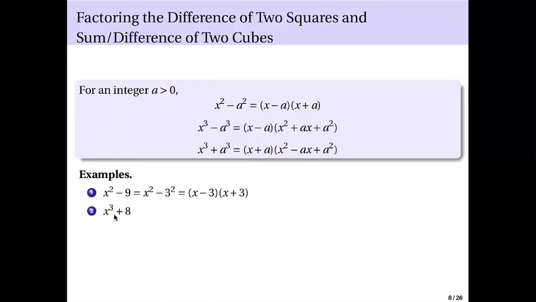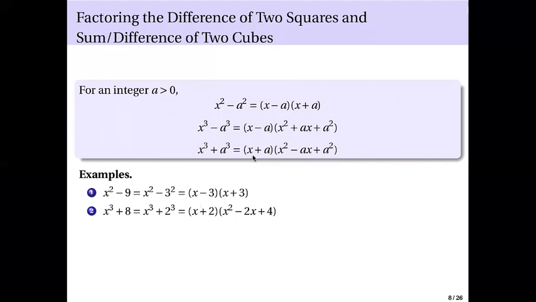Next, we have x cubed plus 8. Take note, for 8 we need a perfect cube. This is plus, so we use the third formula here. 8 is 2 times 2 times 2, or 2 cubed. So x cubed plus 2 cubed, and we can now apply the formula.